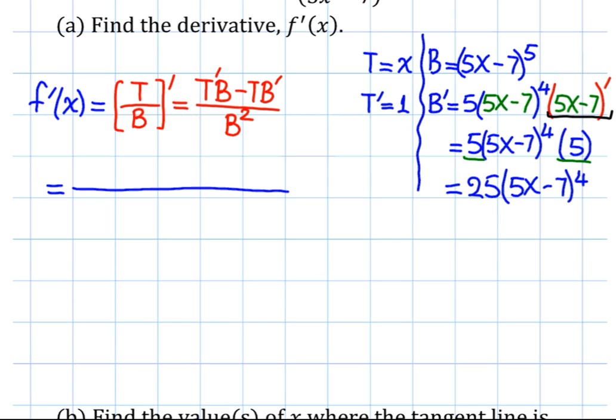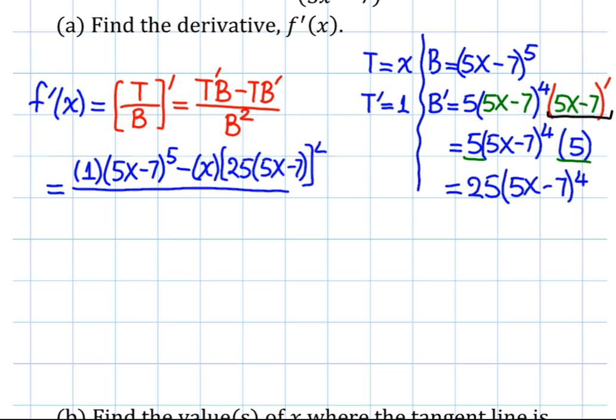The derivative of the top is 1, and then the bottom, 5x minus 7 to the 5th power. Subtract the top, which is x, times the derivative of the bottom, which is 25 times 5x minus 7 to the 4th power.